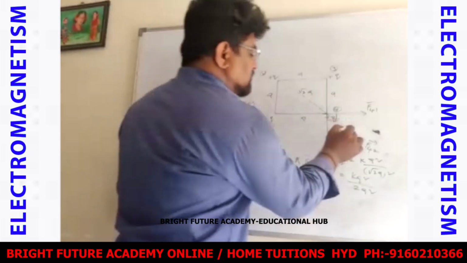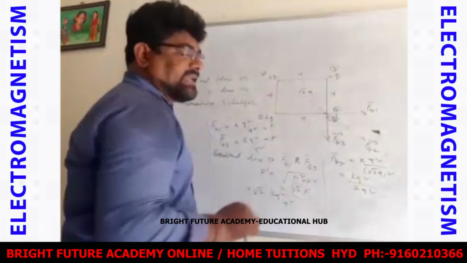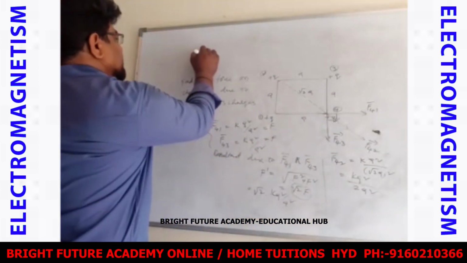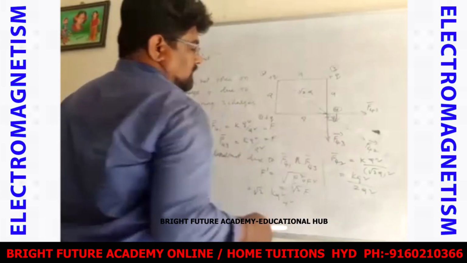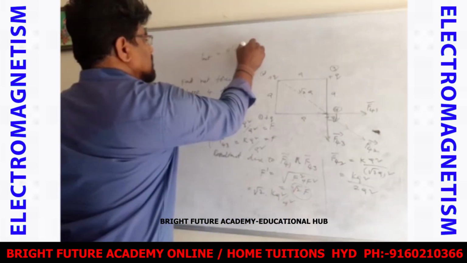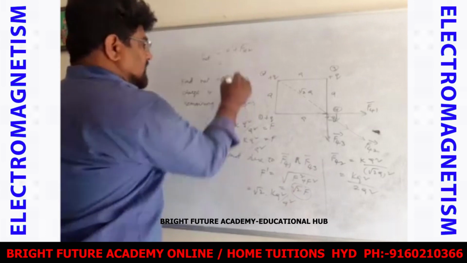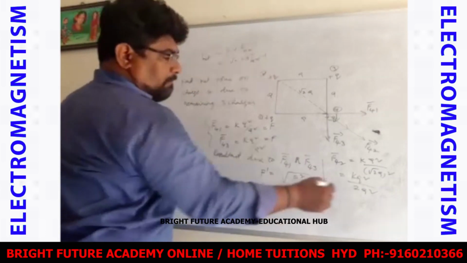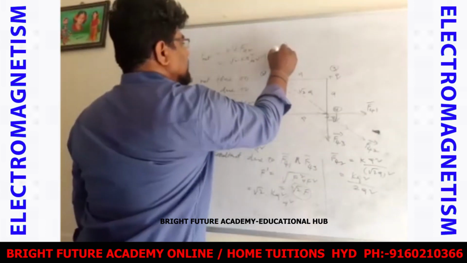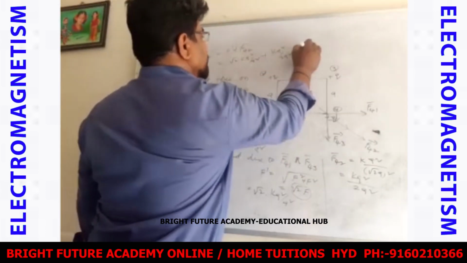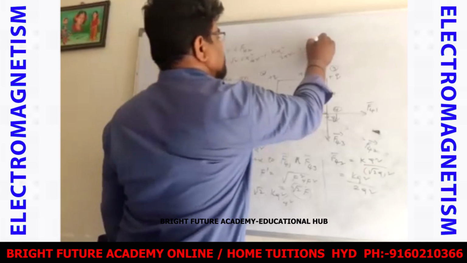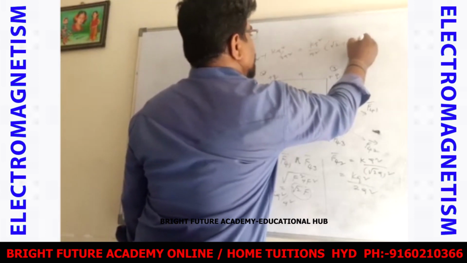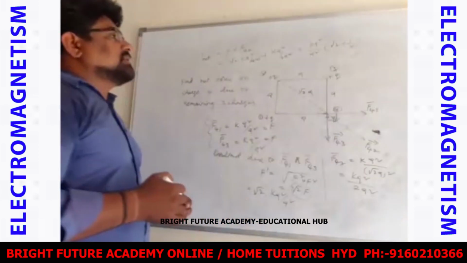Now since these two are along the same direction, we can add these two forces directly. So the net force on 4 is F dash plus force on 4 due to 2. What is F dash? Root 2 into KQ square by A square plus KQ square by 2A square. If we take common KQ square by A square, what remains here? Root 2 plus 1 by 2. So that is the answer.